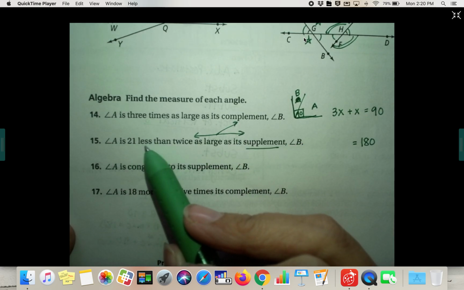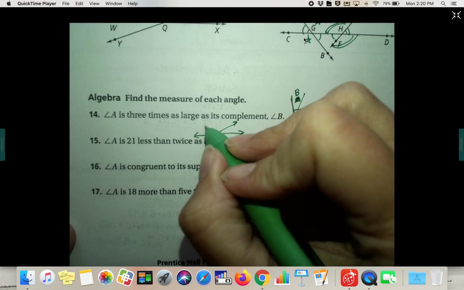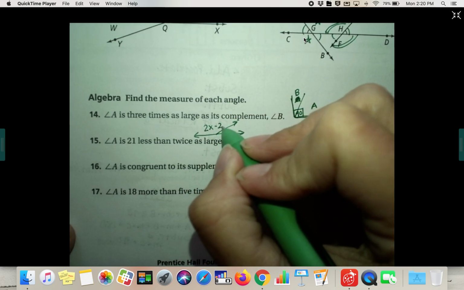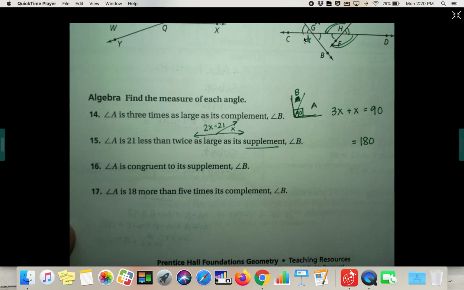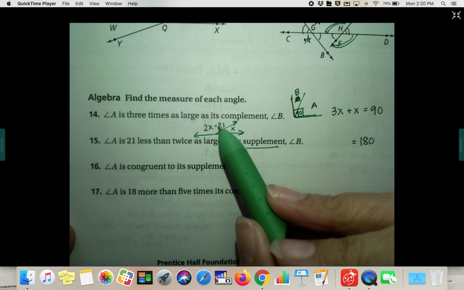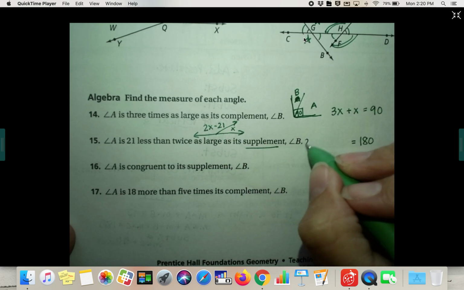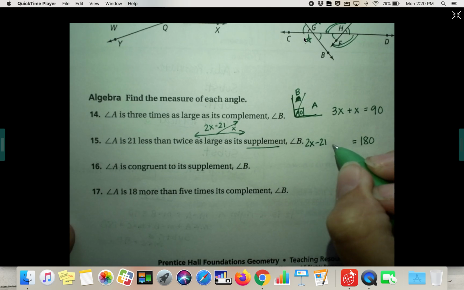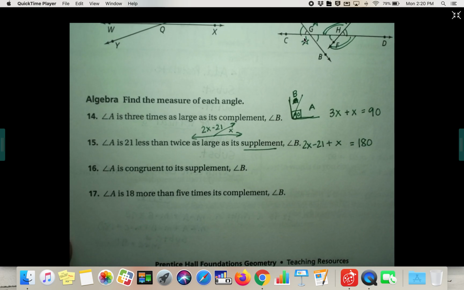Angle A is 21 less than twice as large, so twice as large minus 21 as its supplement. You would add those up: 2x minus 21 plus x equals 180. And then you would solve it and get both angles.